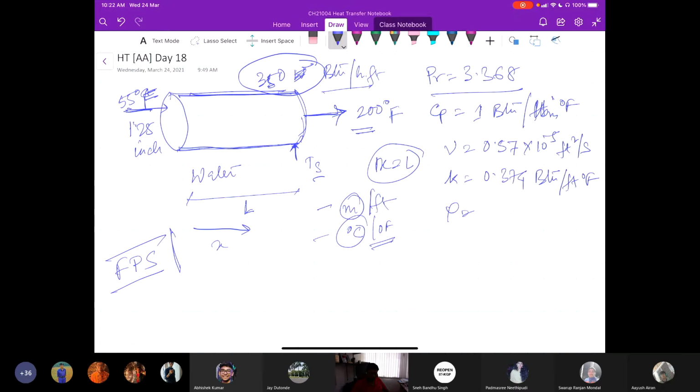Outlet temperature is 200 degree Fahrenheit. There is a constant surface heat flux condition which is 350 BTU per hour per feet. The question is, what is the surface temperature at the exit and what is the length of the tube that would be required in order to heat this water from 55 to 200 degree Fahrenheit.